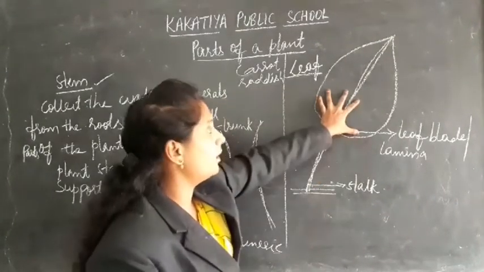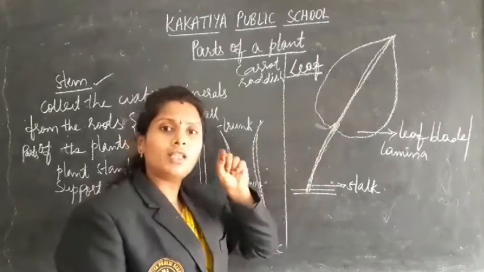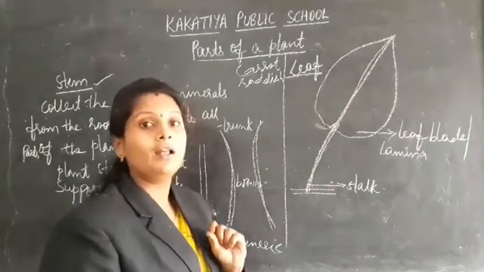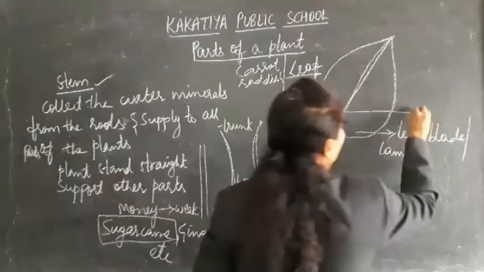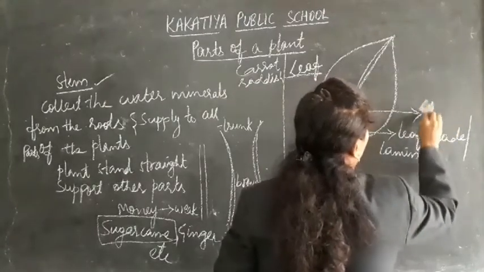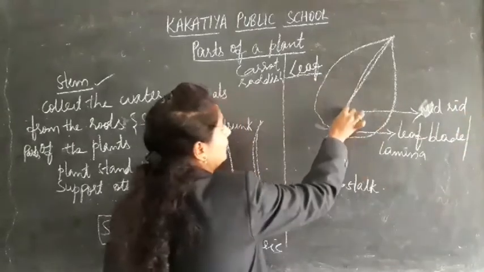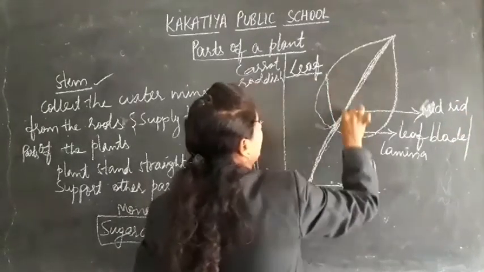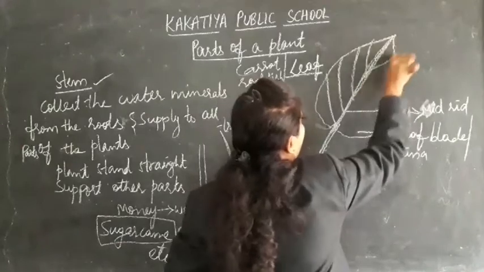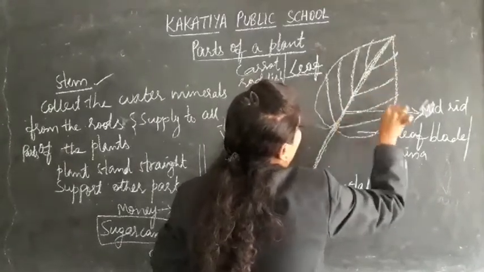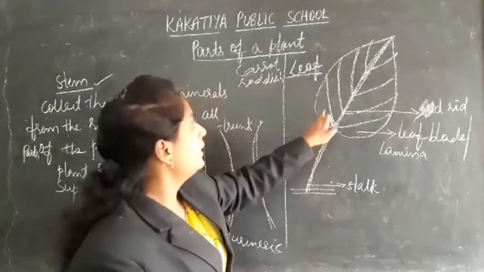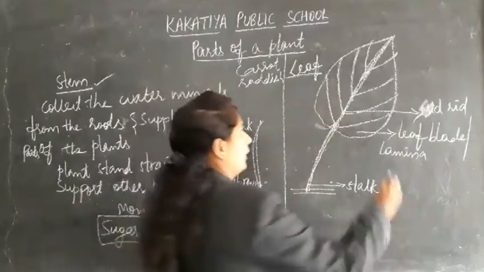In the middle of the leaf, you can see one thick line. That is nothing but the midrib. And from this thick line, a number of lines go like this. These are nothing but the veins.